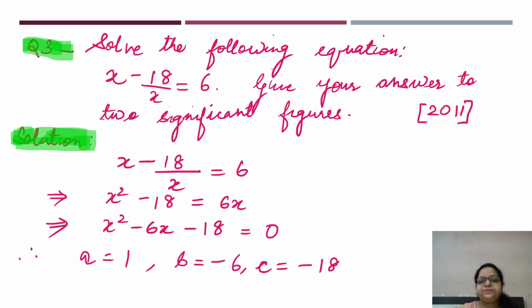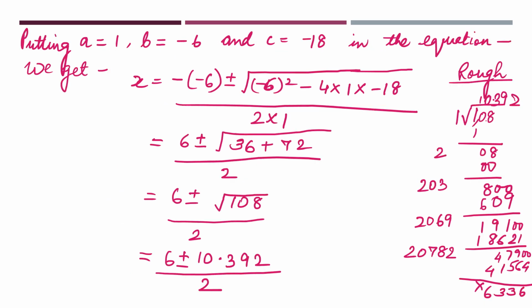Okay, children. Putting a is equal to 1, b is equal to minus 6, and c is equal to minus 18 in the formula, what we get is x is equal to minus into minus 6 plus minus under root of minus 6 the whole square minus 4 into 1 into minus 18, upon 2 into 1.